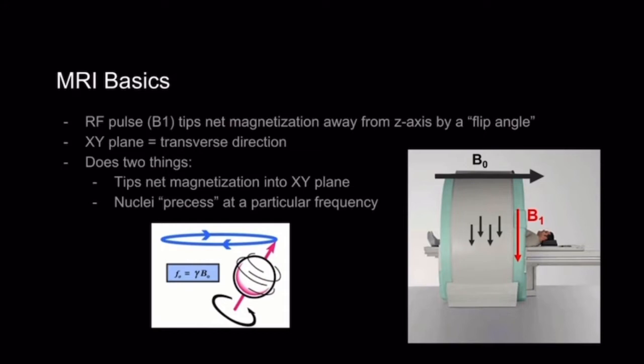So in MRI, a net magnetization vector tilted into the XY plane, like we've shown on this MRI diagram here, if the detector was down here, we have a net magnetization vector in the XY plane that is precessing in the XY plane. So it's pointing towards, then away, then towards the coil. And that varying magnetic field is going to create a current in the coil, and that's where we get the MRI signal.